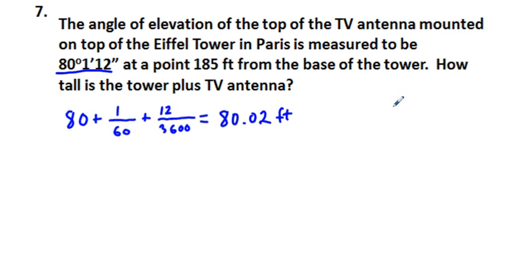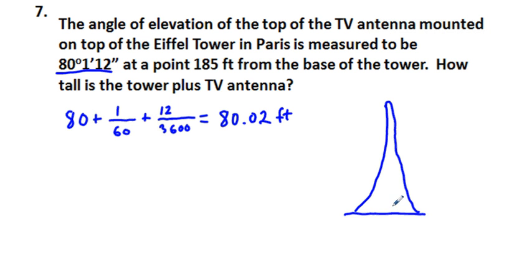Anyway, now just to draw the picture, the picture's going to look a lot like that antenna one back in problem 5. So we have the Eiffel Tower, which, if you know what the Eiffel Tower looks like, has this kind of general shape.